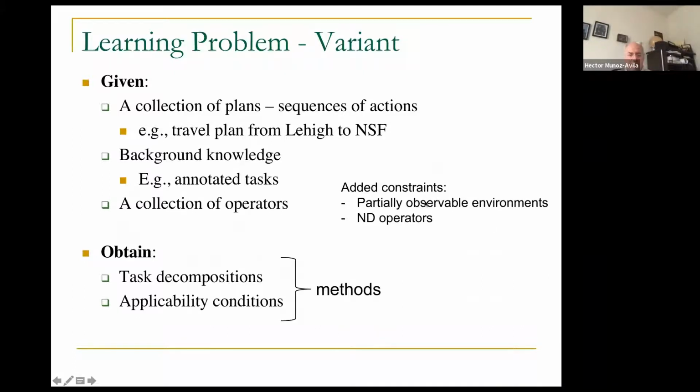It's assumed that you're in a partially observable environment, and therefore these traces are annotated with partially observed state conditions, not the full state. Other works have tried to learn assuming that they are working in a non-deterministic domain. These operators are non-deterministic, and therefore you're trying to learn methods, but now working for non-deterministic domains.